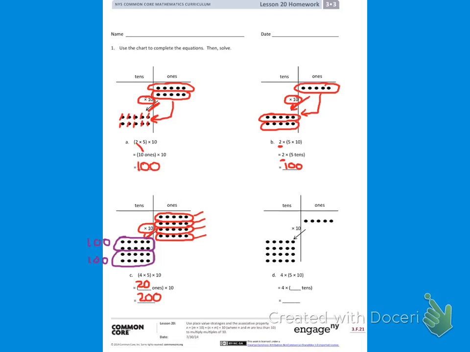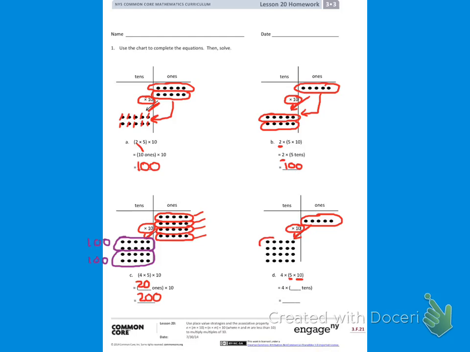Finally, let's look at item D. It says 4 times 5 times 10. Again, we will do what's in the parentheses first. Remember that 5 in 5 times 10 is shown right here because 5 groups of 1 is the same as 5. And then we have the arrow that pushes them over to the tens place, and we write times 10 because that's what it says right here.